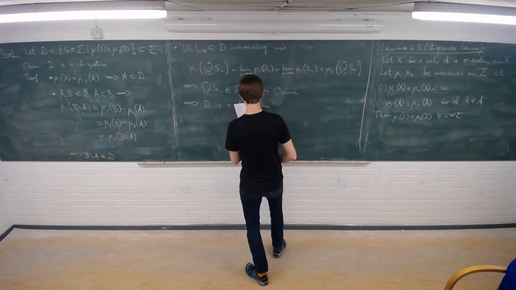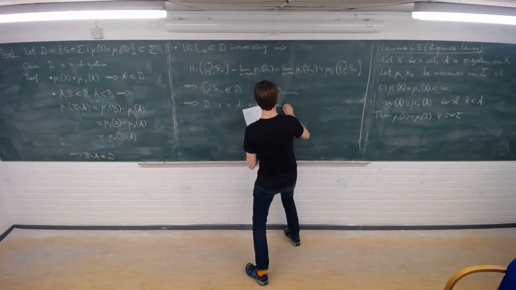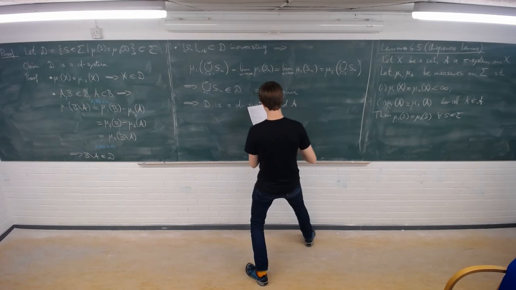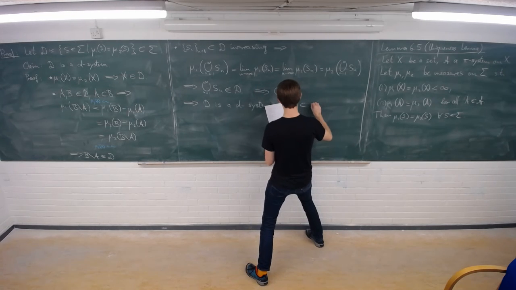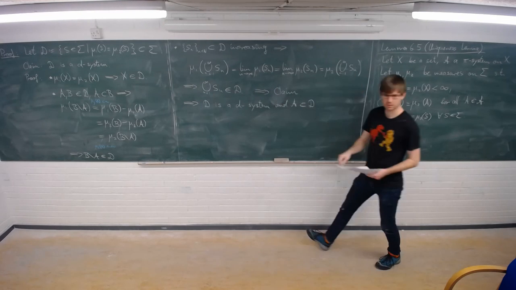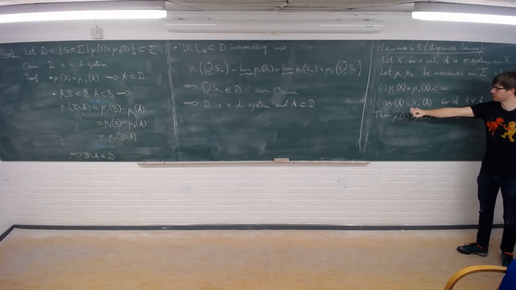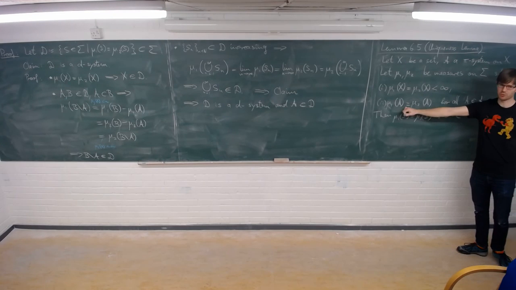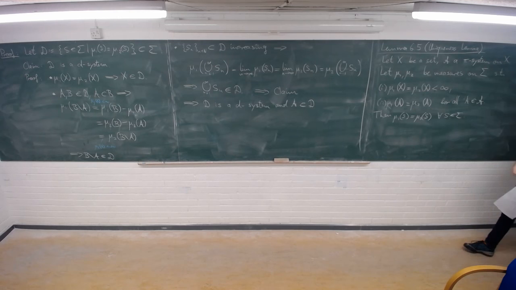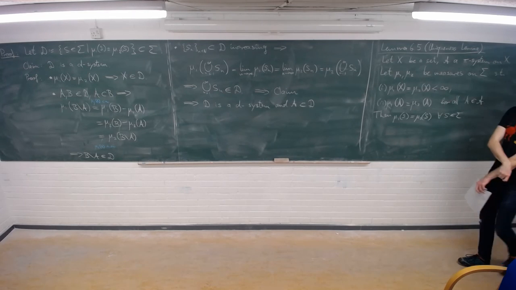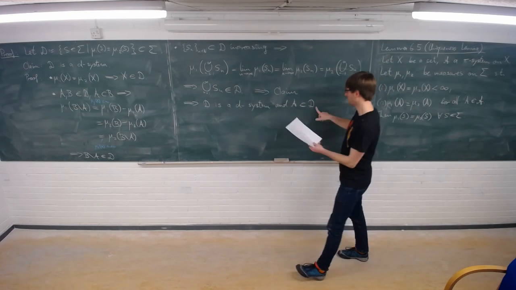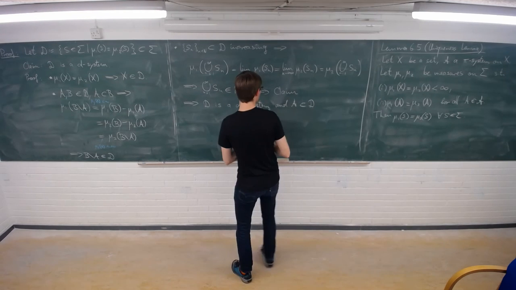So D is a D system, and A is a subset of D. Why is A a subset of D? Because we assumed that mu1 and mu2 agree on A. So D is a D system, A is a subset of D by hypothesis.